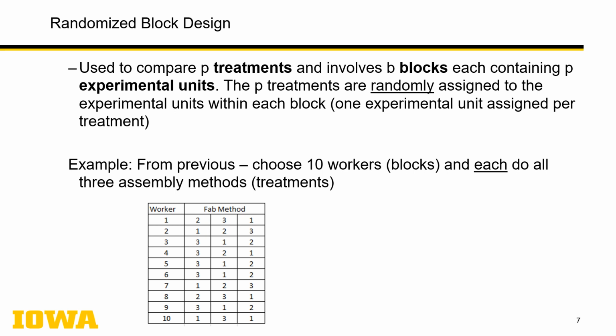So now the result is going to be that fabrication method number 1 is a slower method than 2 or 3, but it's only because of the slow workers we assigned to them. So again, we don't care about workers or the difference between them. We care about the fabrication method. So one other approach, as shown here in the table, is you assign the same worker to all 3 fabrication methods and then compare between fabrication methods.